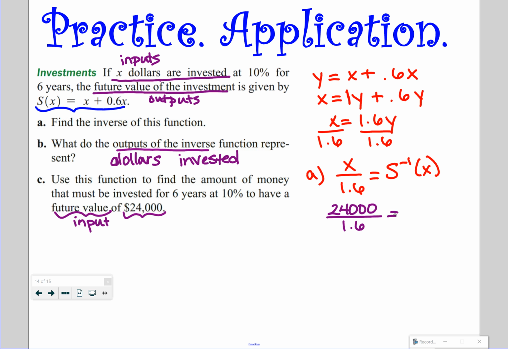So you can just do that quick division in your calculator. 24,000 divided by 1.6, and I get 15,000. And then if you wanted to check that, you could plug 15,000 back into that original function s at the top and make sure it gives you 24,000 as a solution.